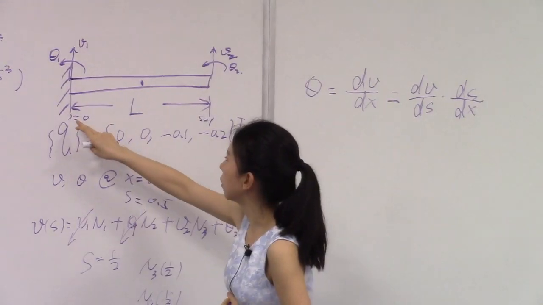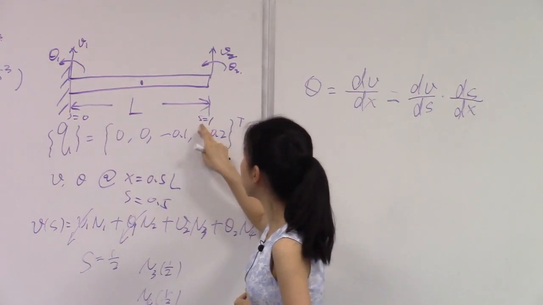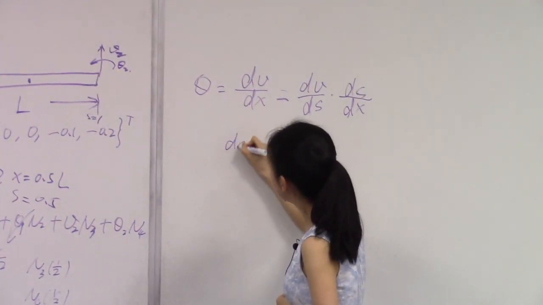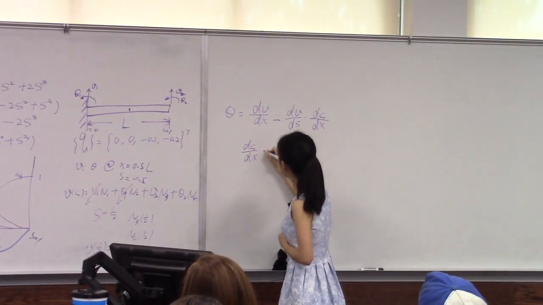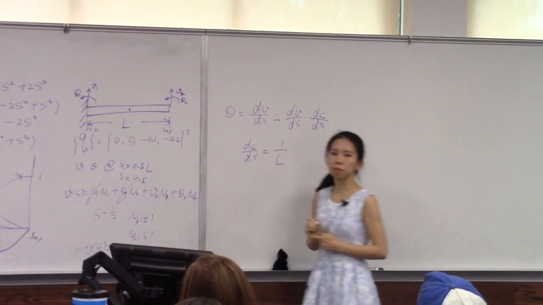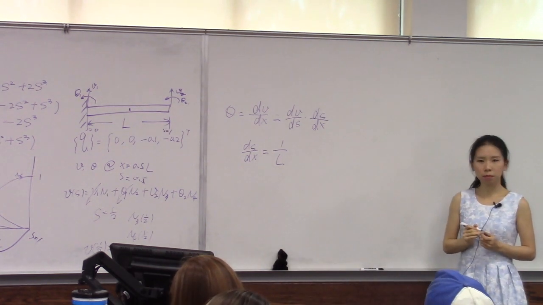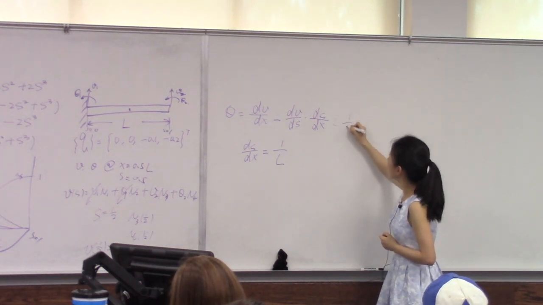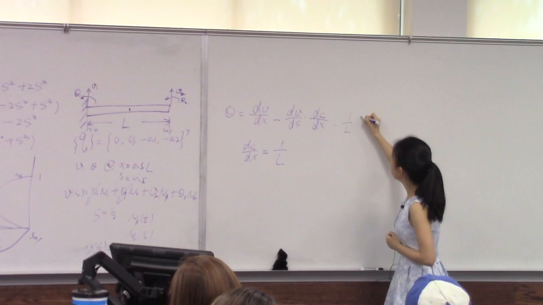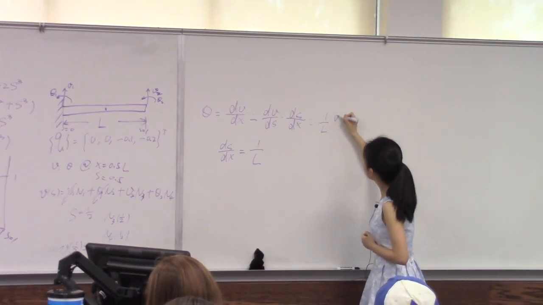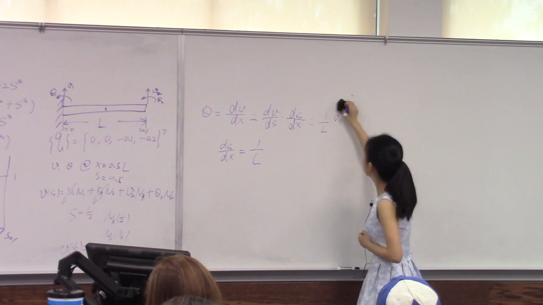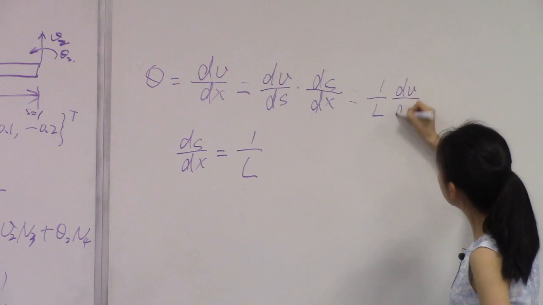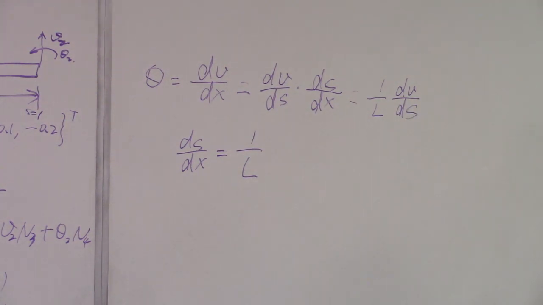This is x, and the length is L. In the reference coordinates, s equals 0 here, and s equal to 1 here. So ds over dx is 1 over L, and then we calculate dv ds.